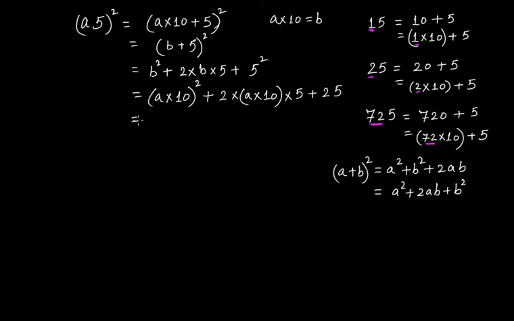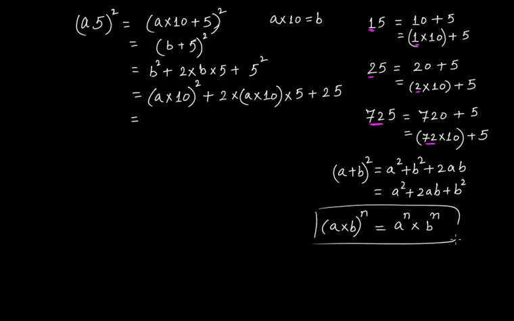Now we know that if we have (a times b) raised to the power n, then this is actually a raised to the power n times b raised to the power n. We have discussed all these properties, so you should know this. So this becomes a squared times 10 squared plus 2 times a times 10 times 5, I've opened the bracket, plus 25.